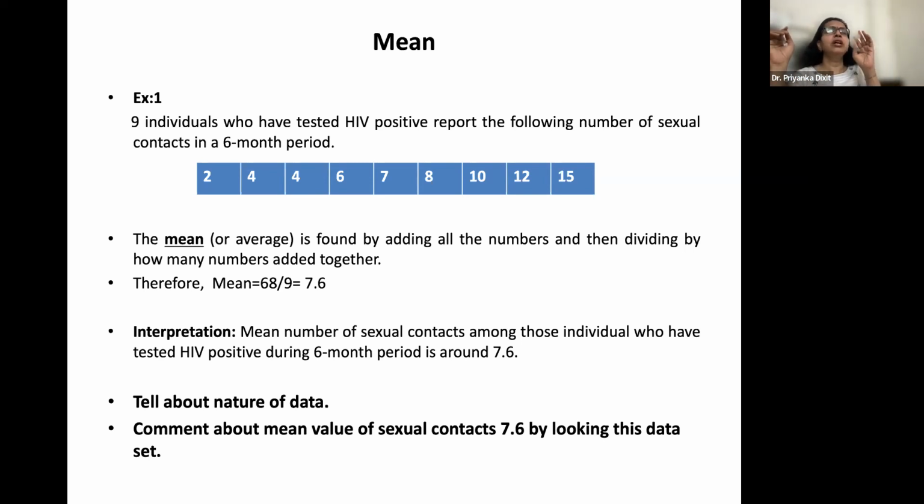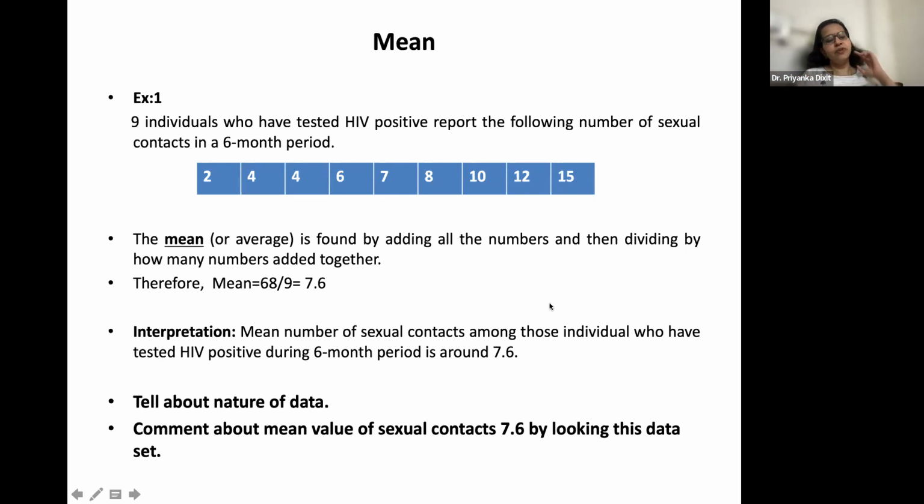But if your data set is heterogeneous, we will get a large difference between mean and median, and median will give us a better idea about the central part of the data. It's clear about mean and median, I hope.